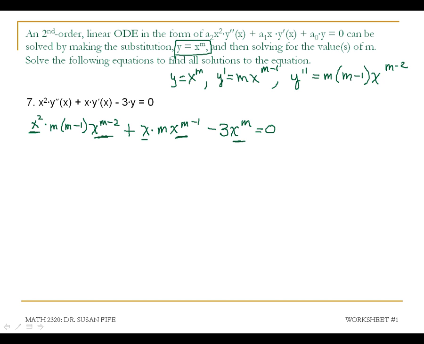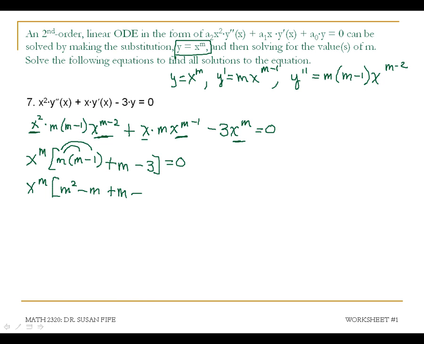We can factor out that x to the m, and that will leave us with m times m minus 1 plus m minus 3 as a factor. And then simplifying inside the brackets, we get m squared minus m, that's by distributing through by the m, and then plus m minus 3.